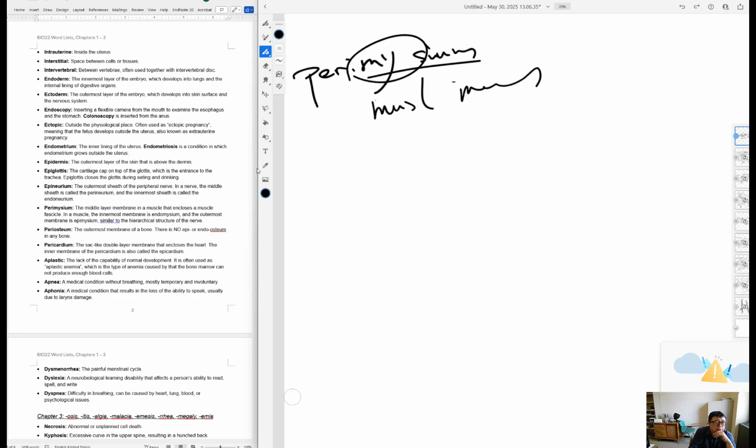So perimysium is the outermost membrane that encloses each of the muscles, the muscle membrane.